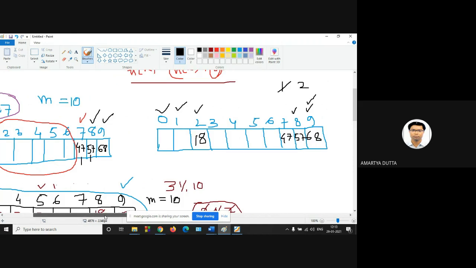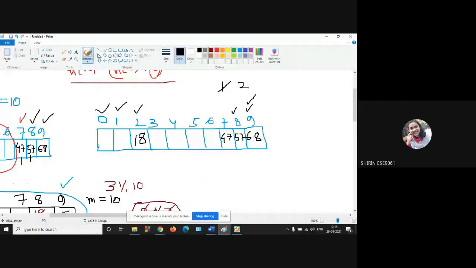Next one is 67. So for 67, there are 3 collisions this time because it will go to position 7. First collision, second collision, so it will go to 6. So for the second collision, already 4.